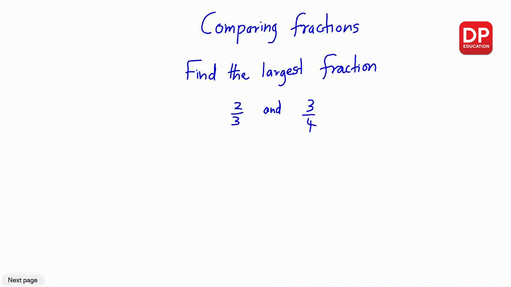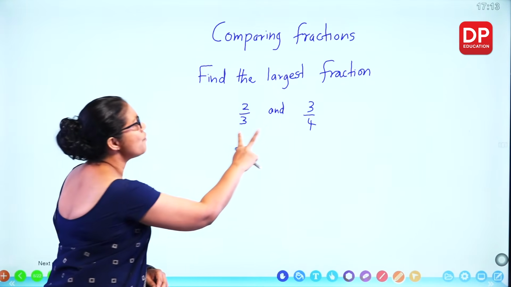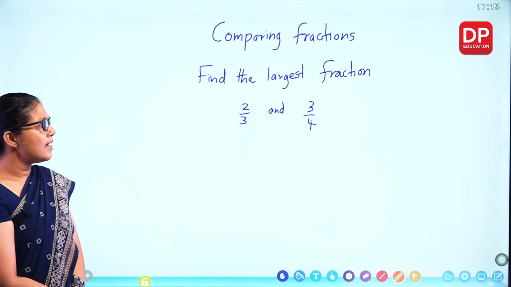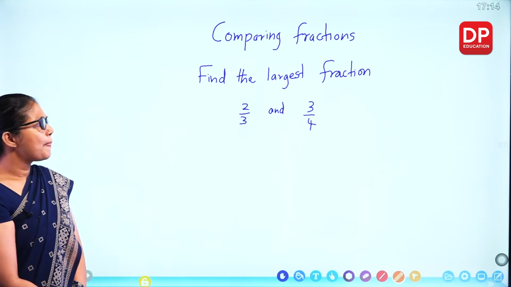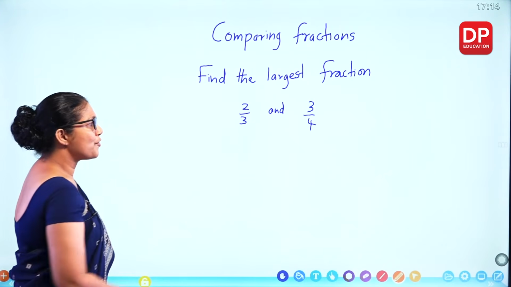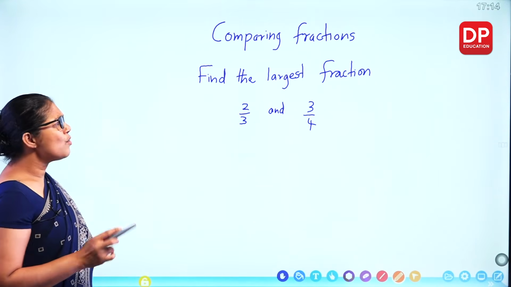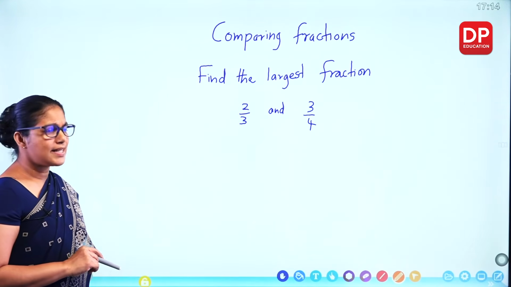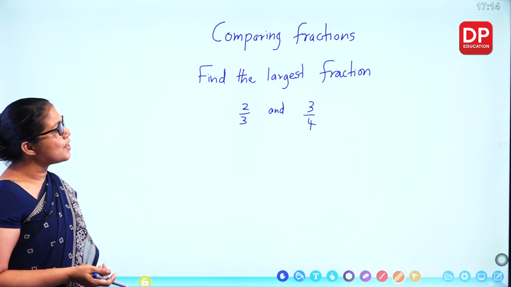So here we did improper fractions to mixed numbers as well as mixed numbers converted to improper fractions. Now we'll see how we can compare fractions. If you are given 2 fractions to compare, first look at the denominators. Here this is out of 3 parts, this is out of 4 parts. So when you have 2 different denominators, you can't compare at once. So what can you do?